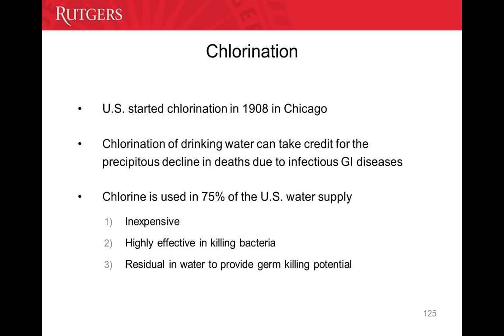Chlorination in drinking water can take credit for some of the great strides in public health, especially the decreases in infectious gastrointestinal disease. About 75% of the United States water supply still uses chlorine because it's cheap, because it works, and there's residual. On a week like this week, where you have temperatures in the single digits or below zero, you have lots of broken water mains.